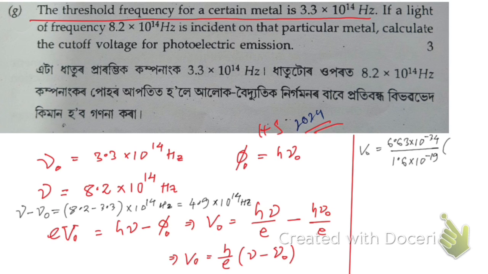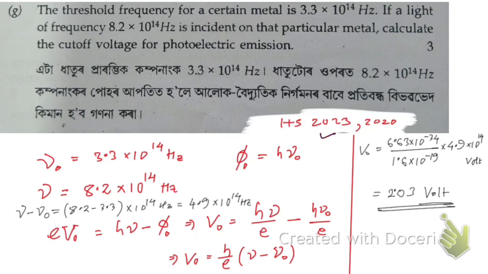So now what we're gonna have here is this into 4.9 into 10 to the power 14 volt. Now let me use calculator. So that's gonna be 2.03 volt. So this is the answer.